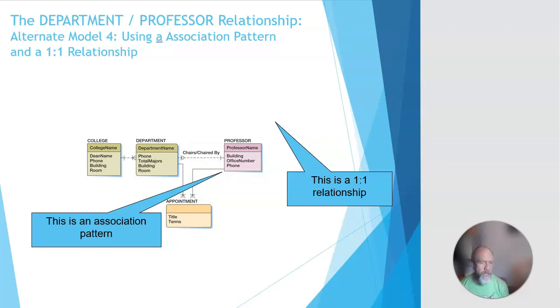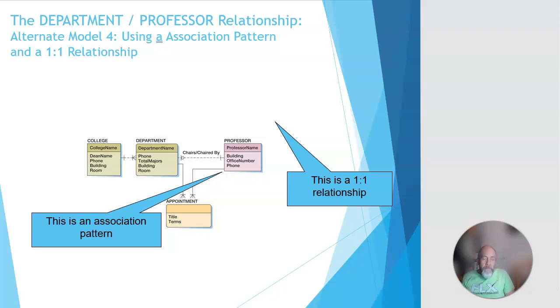So you could model the chair relationship with the appointment, with them being the chair. So your title would be chair, and the term would be role of chair. Or you could have another relationship in the department, which just points individually at the chair. So now we've got a fourth relationship.